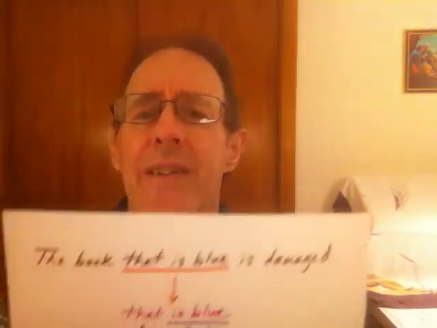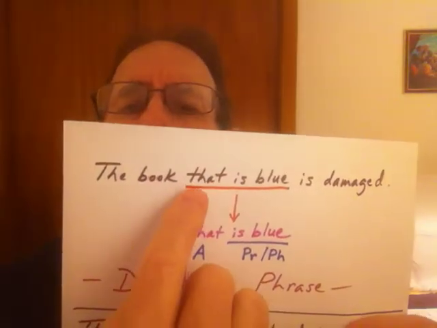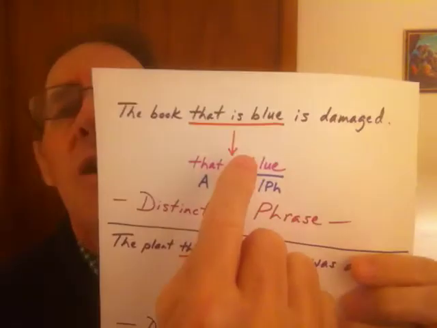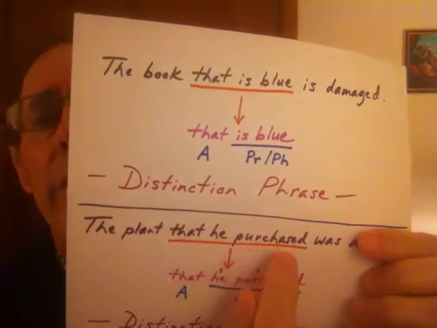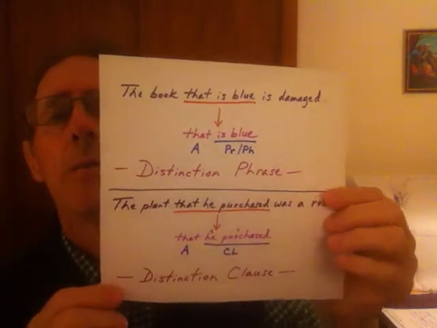The word that, in its meta form, not basic form, as a meta function, indicates that a distinction phrase or a distinction clause will follow. The word that indicates that a distinction phrase or a distinction clause will follow.